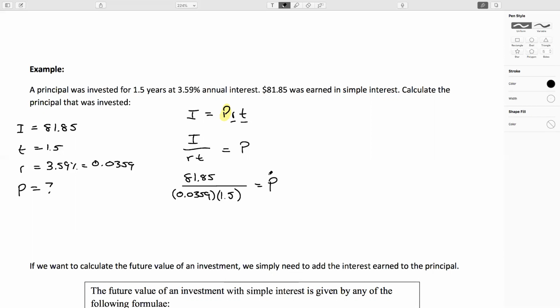And we end up with a principal of $1,519.96. So what that means is this is the amount of money that would have had to have been invested for 1.5 years at 3.59% in order to actually get 81.85 in interest.